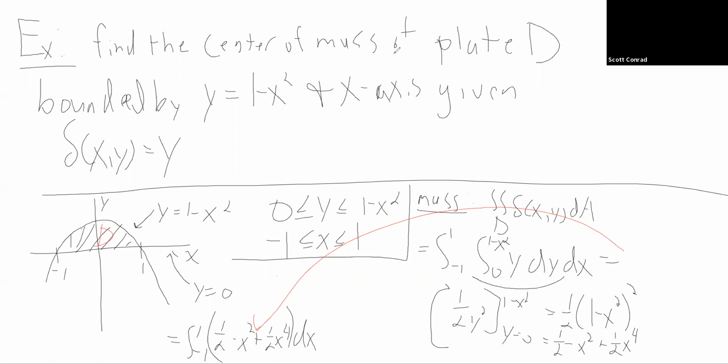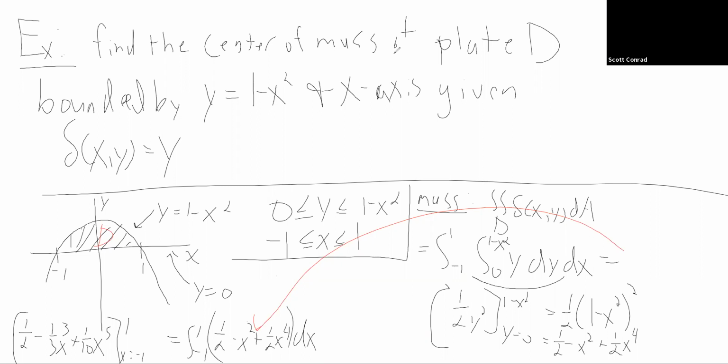So we get 1/2 x minus 1/3 x cubed plus 1/10 x to the 5, with x going from -1 to 1.